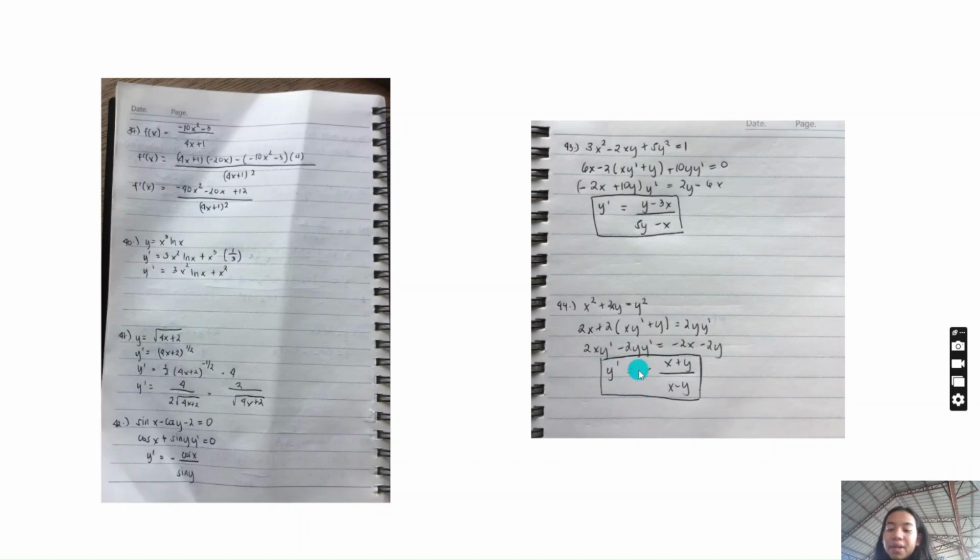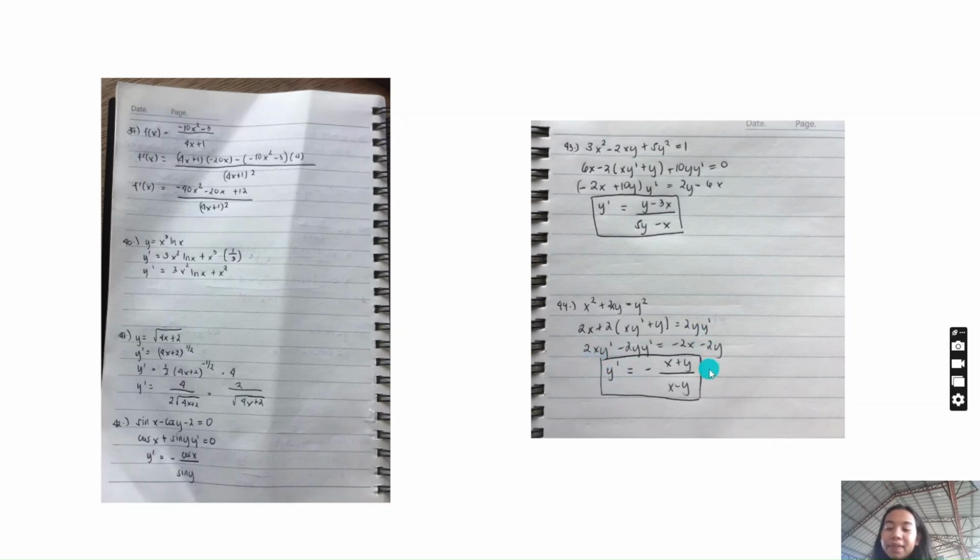And then we are going to transpose the 2x minus 2y to the other side, and we will prioritize on the left side the terms that have y prime on them for us to be able to isolate the y prime and get the answer. So the common term for this one is 2x minus 2y.